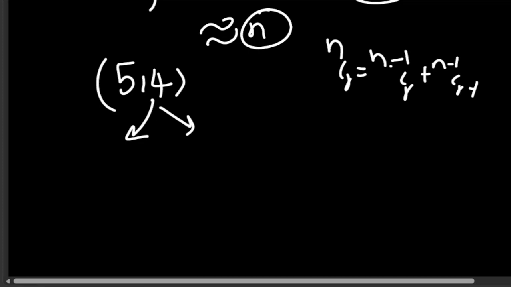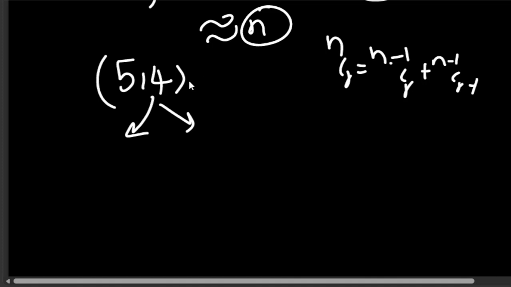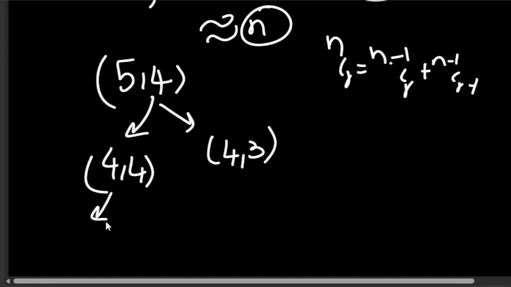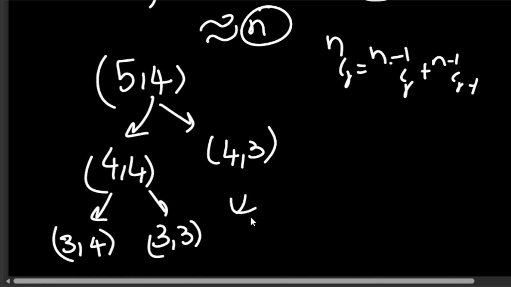So it will call till we get to 4 comma 4, and it will call 4 comma 3, and 4 comma 2, sorry, 3 comma 3, 3 comma 4 and 3 comma 3, and so on.